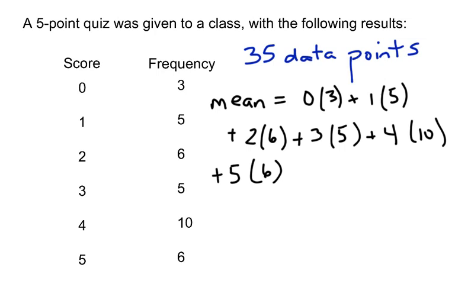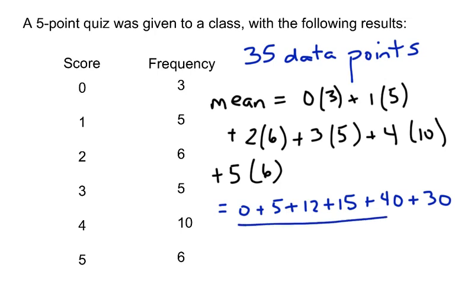So if I want the sum of all the data points, I need to do a little multiplying and then add all those things together. And so that's going to be, let's see, we'll have 0 plus 5 plus 12 plus 15 plus 40 plus 30.